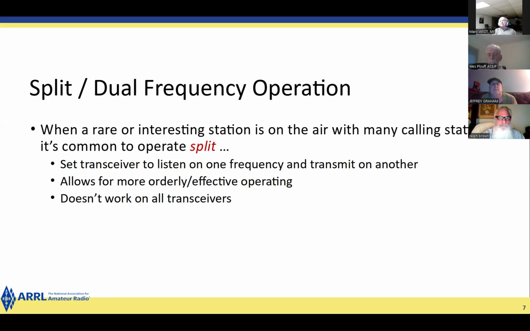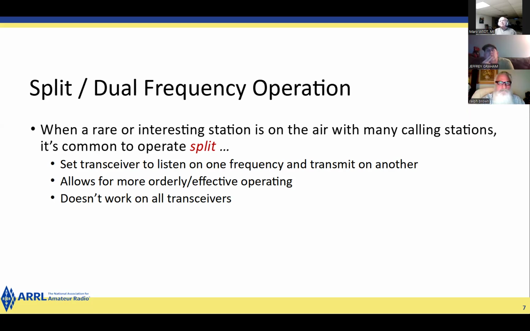Let's say there's a guy in Saudi Arabia who gets on the radio, and he's just operating casually, and he starts into a conversation.